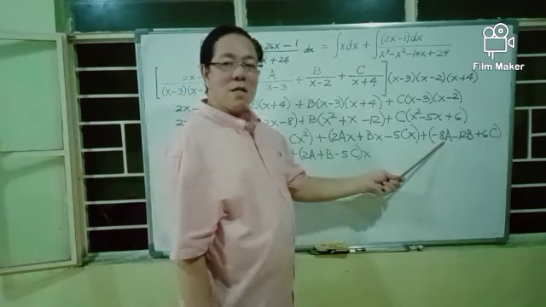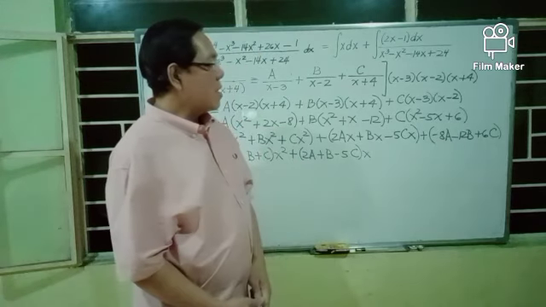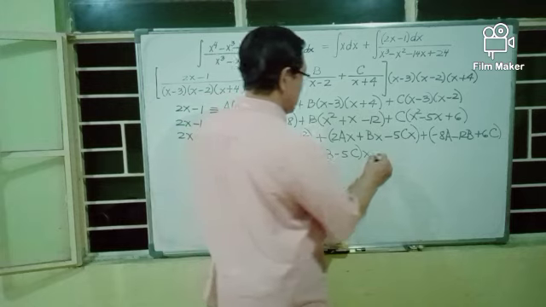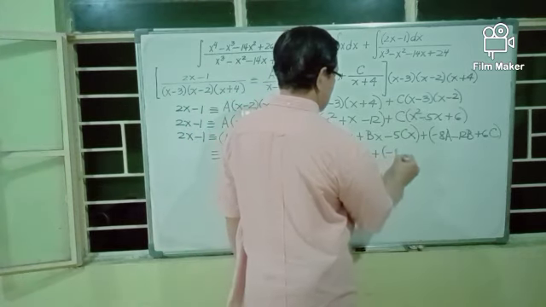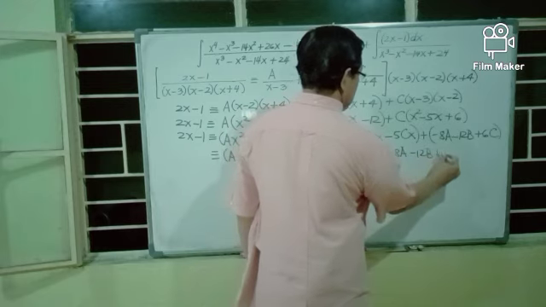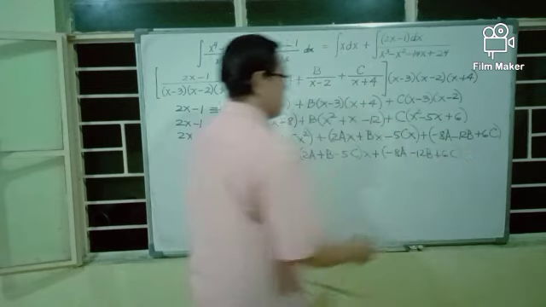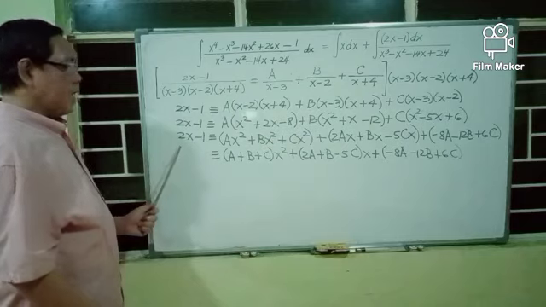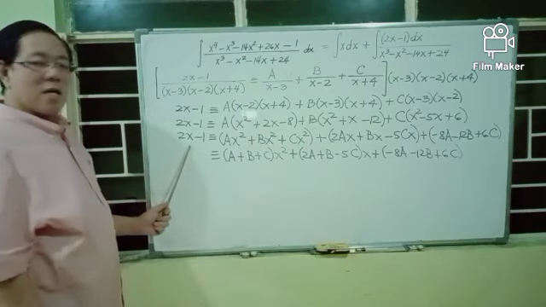So we'll take this as is, minus 8a. And the left hand side is as is, 2x minus 1.